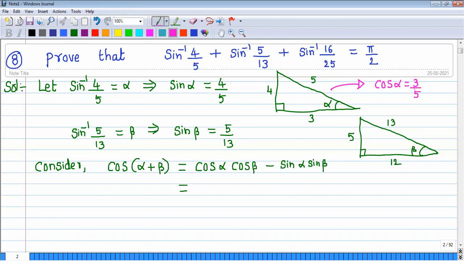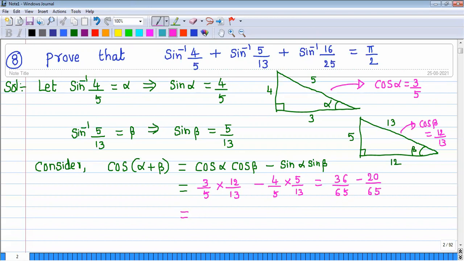So that means 3 upon 5 into cos beta, which is 12 by 13, minus sin alpha, 4 by 5, into sin beta, 5 by 13. Very good. This is 36 upon 65, correct? Minus 20 upon 65. Then what do we get? 16 by 65.